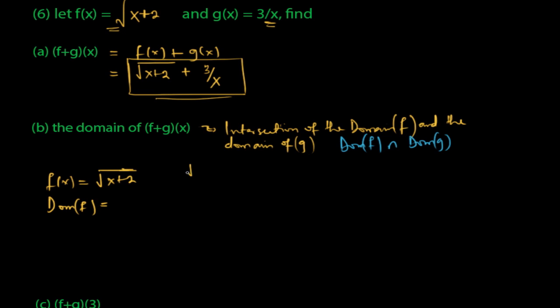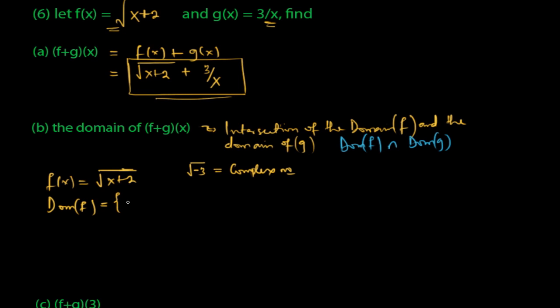Whenever you have the root of a negative number, say -3, this is going to give you a complex number, which is not what we want. So we have to exclude all numbers that make the root's content less than 0. The only valid numbers are those greater than or equal to 0.